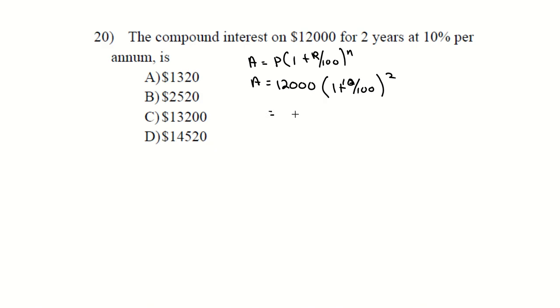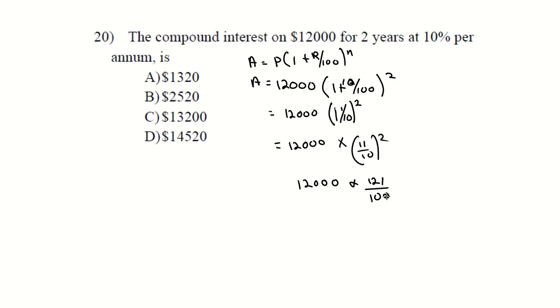So then this would be 12,000 open bracket, 1 and 1 over 10 to the power of 2, because 1 plus 10 over 100 is 1 and 1 over 10, right? So this would be 12,000 multiplied by 11 over 10, all to the power of 2, which would be 12,000 multiplied by 121 over 100.